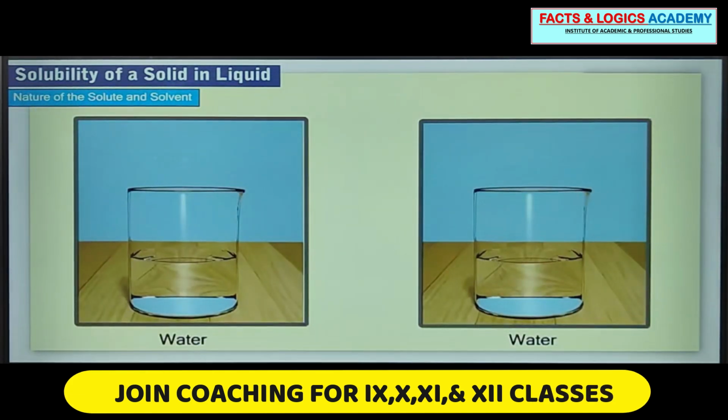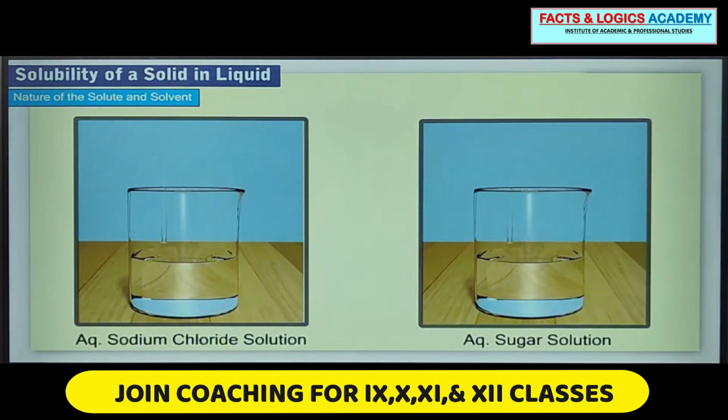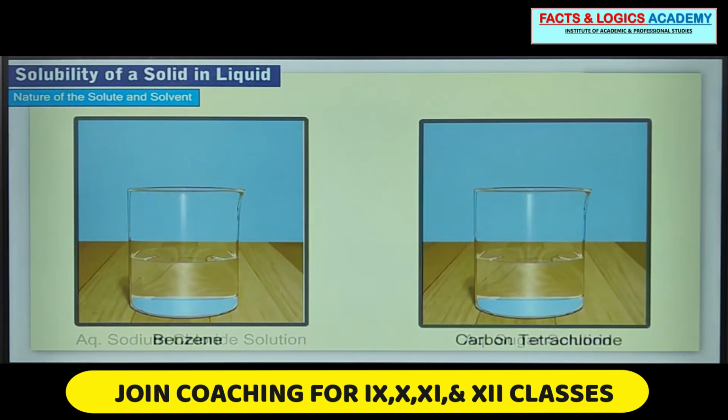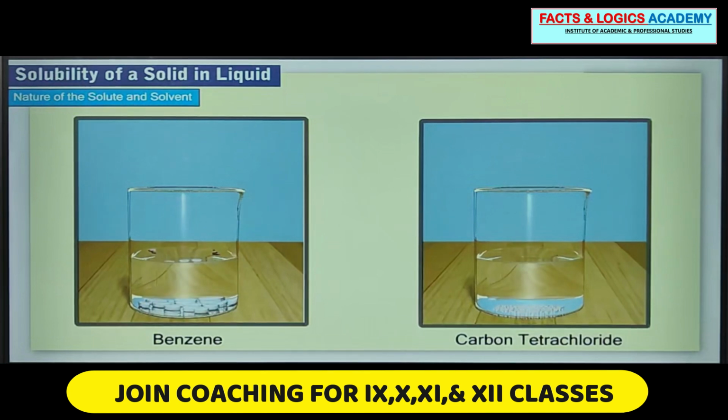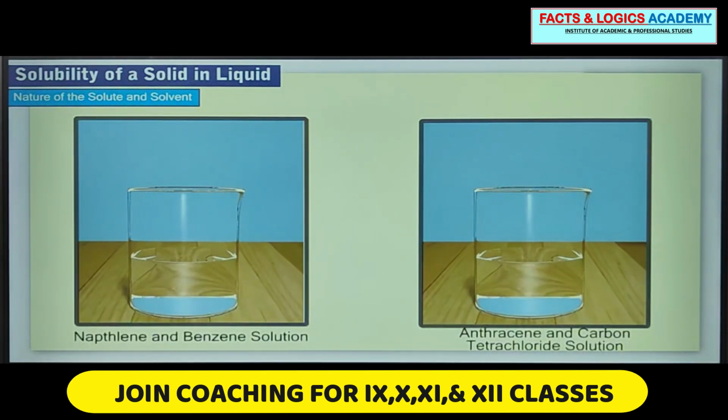Therefore, polar or ionic molecules like sugar and sodium chloride dissolve in water molecules which are polar, while non-polar molecules like naphthalene and anthracene dissolve in solvents like benzene and carbon tetrachloride which are non-polar.